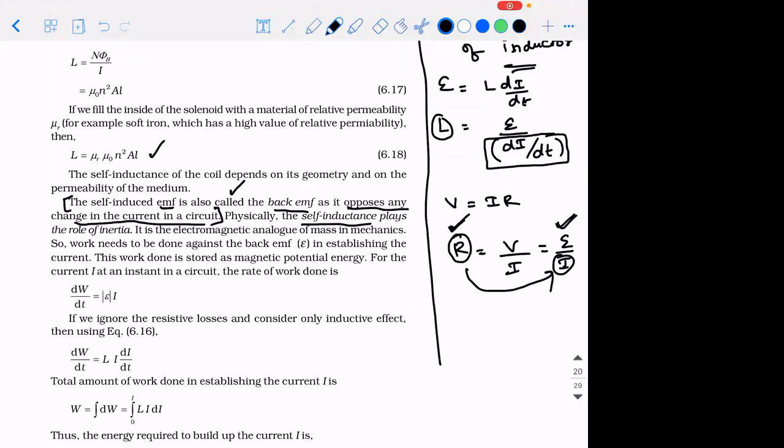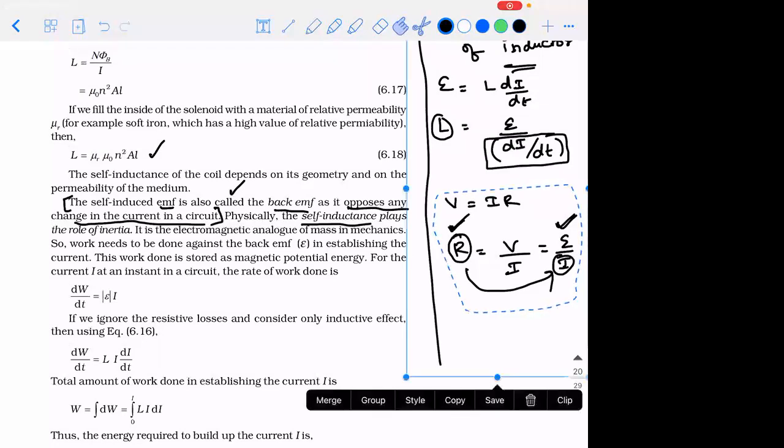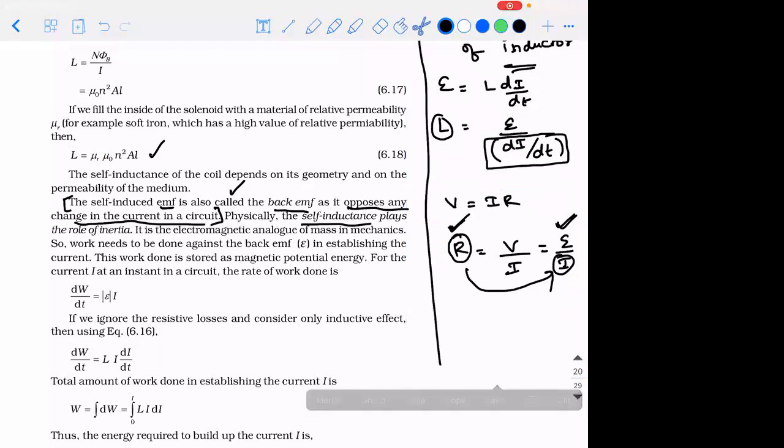So an inductor is a device which opposes whom? Which opposes the rate of flow of current. No, not flow, rate of change of current. Sorry, if I had said rate of flow, please correct it. It opposes the rate of change of current.